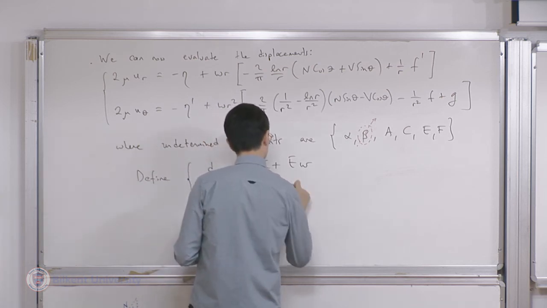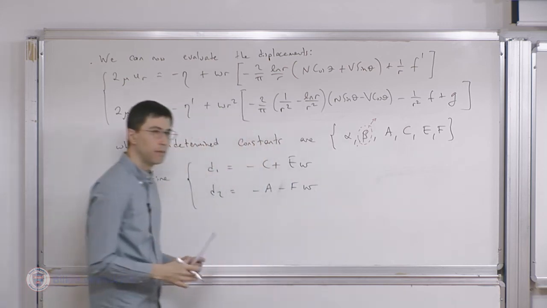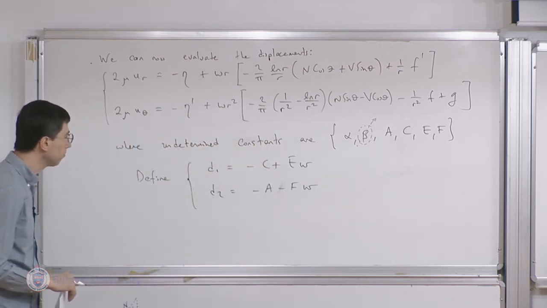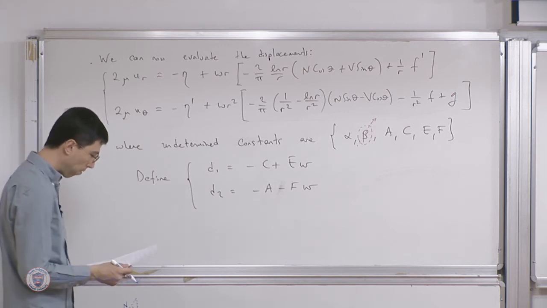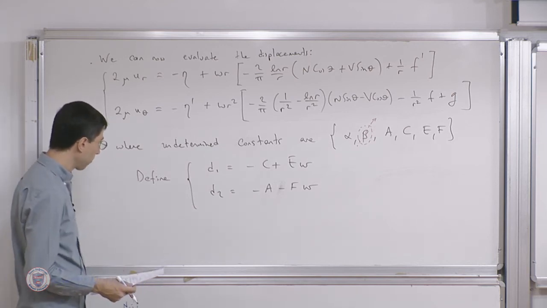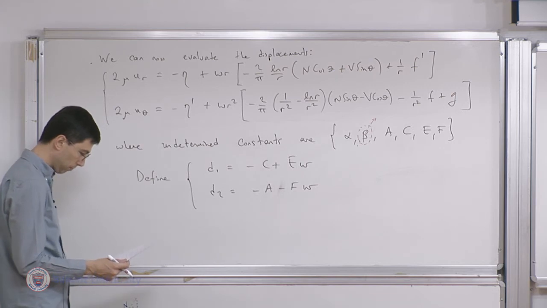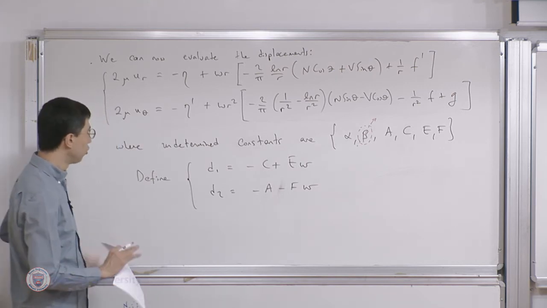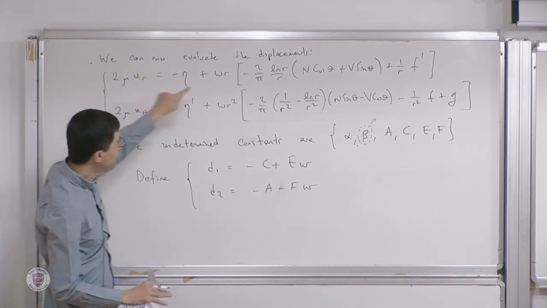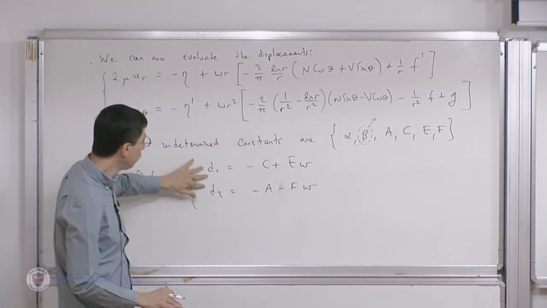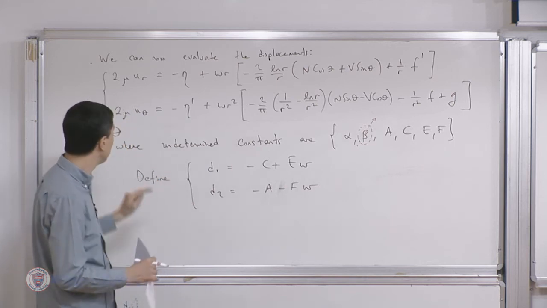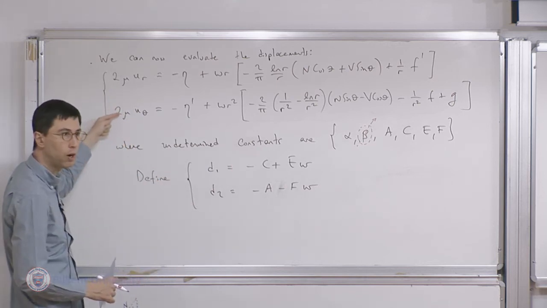I only care about this quantity. Okay, so if you plug in F and G, and if you define these constants, and if you group everything nicely, you're going to end up with the particular forms of UR and U theta.